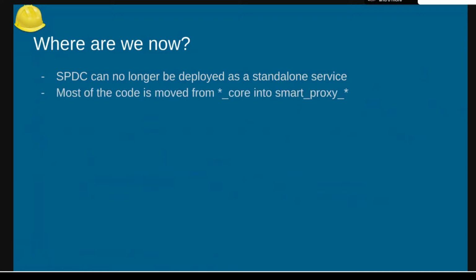So where are we now? I mentioned we already changed it in the installer, so you get the all-in-one deployment everywhere. We removed the option to run SmartProxy and m-bucher as a separate service, so that's gone completely. This option is no longer available. Most of the code is moved from the core gems into the SmartProxy plugins.